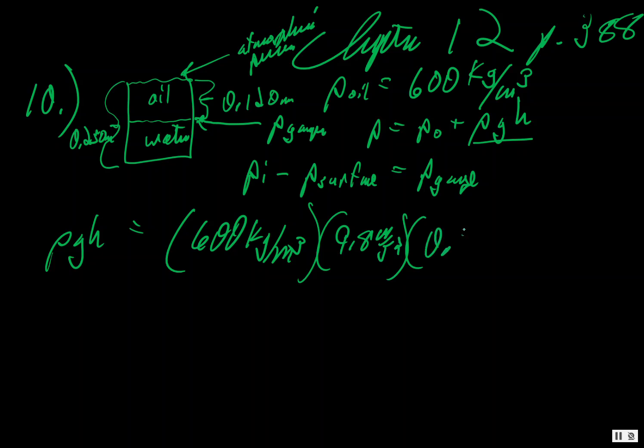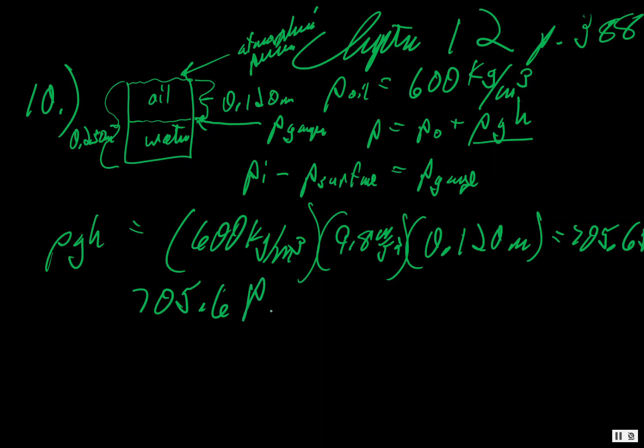The oil was 0.12 meters deep. And what do we get? Let's double check our math here. 600 times 9.8 times 0.12, and we get 705.6 pascals. So we get a pressure of 705.6 pascals.